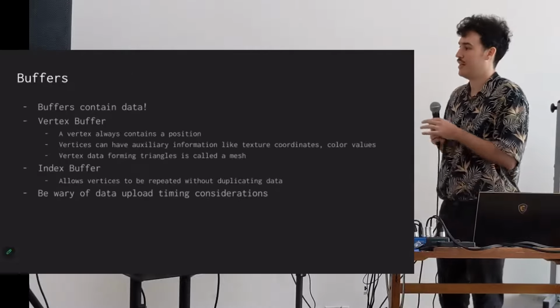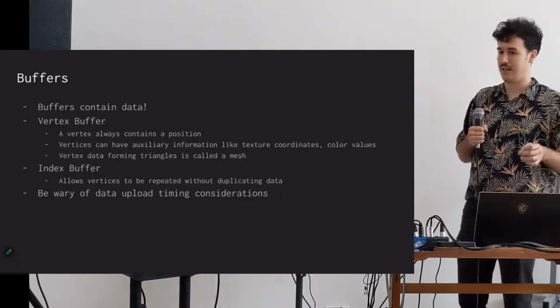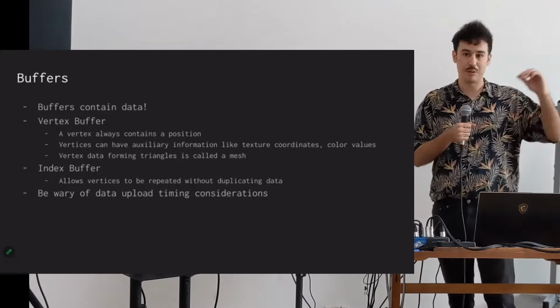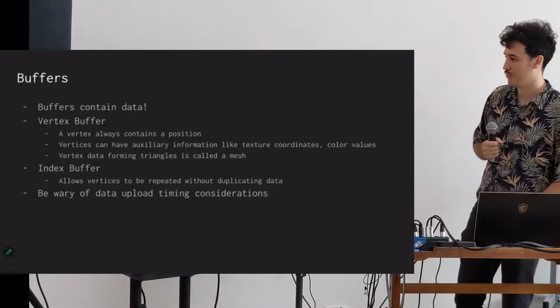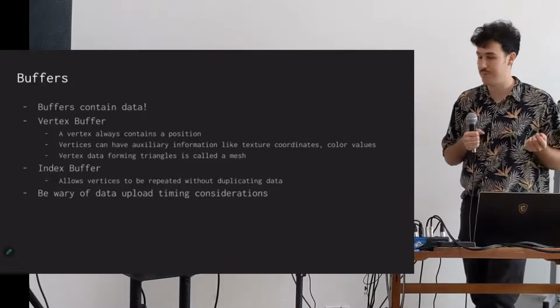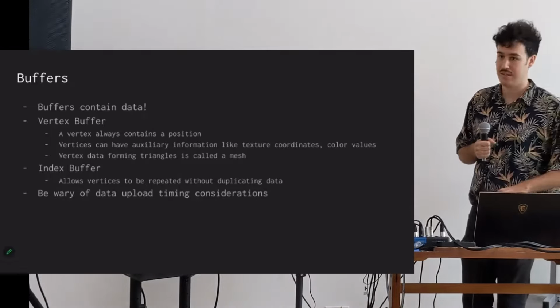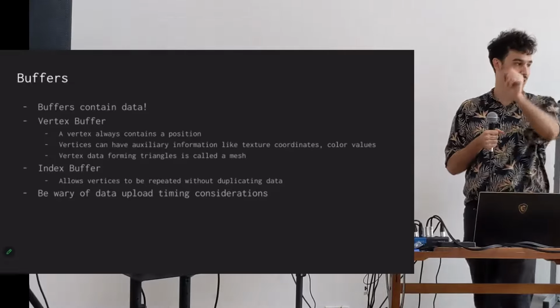So buffers contain data. That's it. You've got vertex buffers. A vertex is a point in space, so it always has a position of some kind. Vertices can have auxiliary information attached to them, so you might say this vertex is red colored, and this vertex is blue colored.